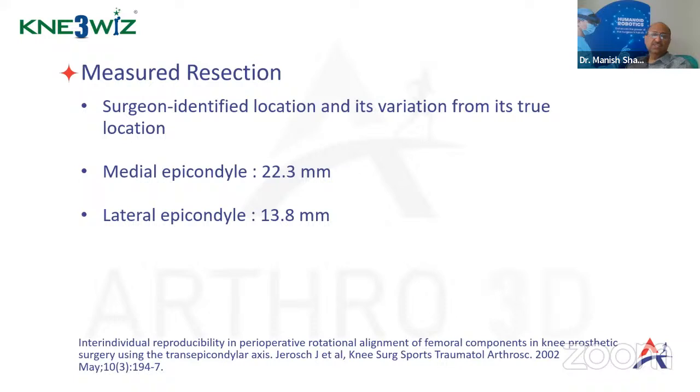Once again, a navigation study compared with CT scans, the surgeon-identified location and its variation from the true location: medial epicondyle off by close to 2 centimeters, and lateral epicondyle close to 1.5 centimeters.